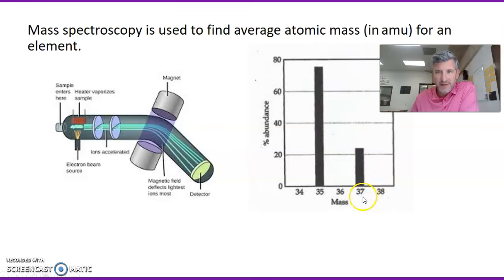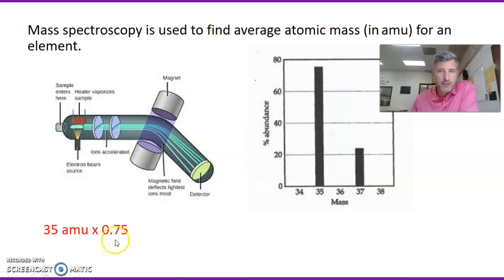And then the stuff that has a mass of 37 AMU makes up the remaining about 25%. So from that, we can calculate the average atomic mass. And again, some of you have done this before. You just haven't seen it with the graph, which is how the AP likes to present it.